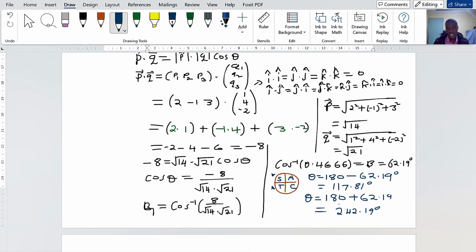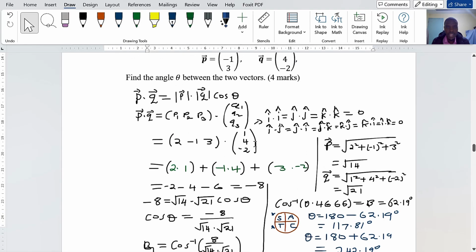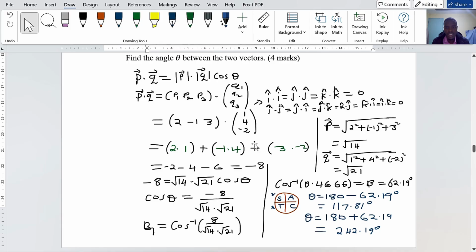So both this and this give us a negative cos. So our theta is either this or this, which is formed between these two particular vectors. So that is the angle between vectors P and Q. I hope that is clear.